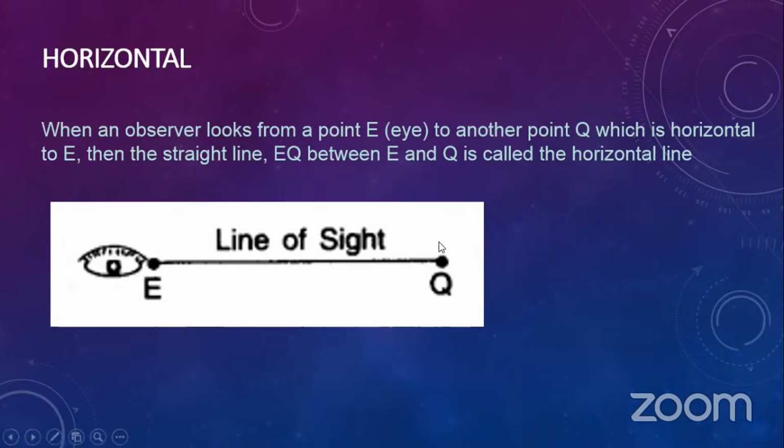Suppose we have the eye and some point, some horizontal distance, let it be a triangle having the base Q. If I am seeing from the eye along that line which is level to the ground, we can call it a horizontal line because it is parallel to the ground. So this is called a horizontal line.